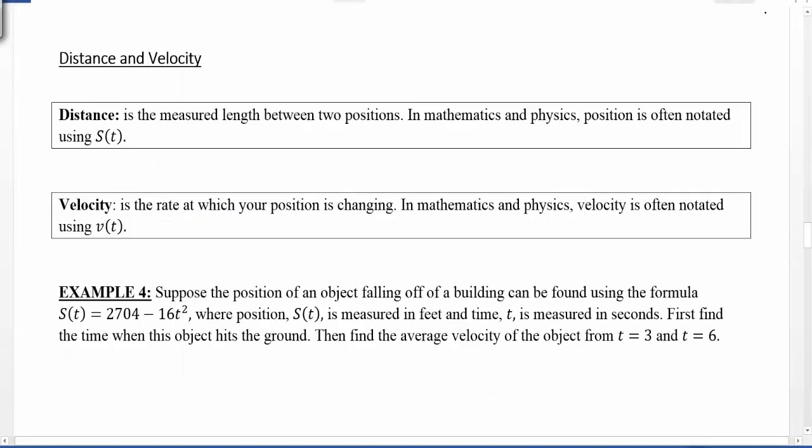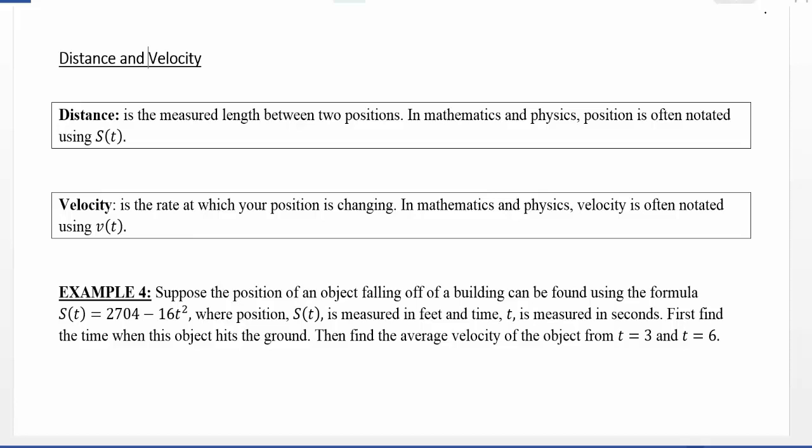One of the applications that we will carry throughout the semester involves the relationship between distance and velocity. So we're going to take a minute to define these two terms so we can do our first application, which will be the average rate of change, to see what it tells us about these things. So distance is the measured length between two positions. So you may have one object that goes from one point to another point, and distance is the length between those 2 points.